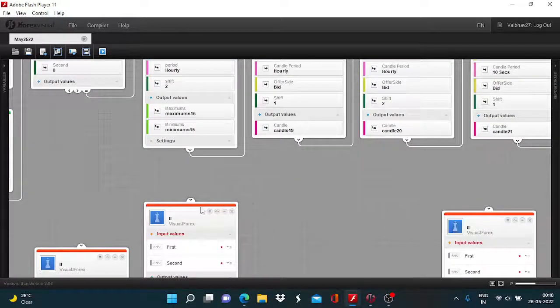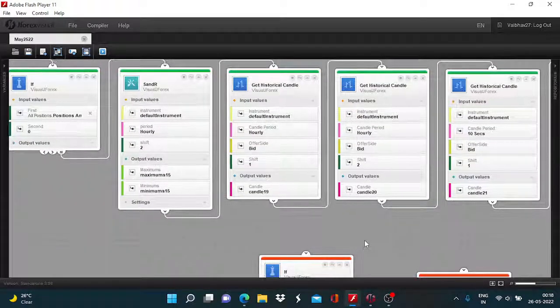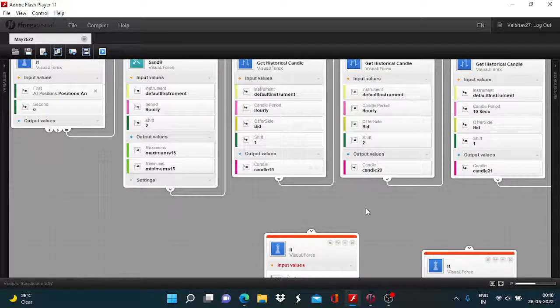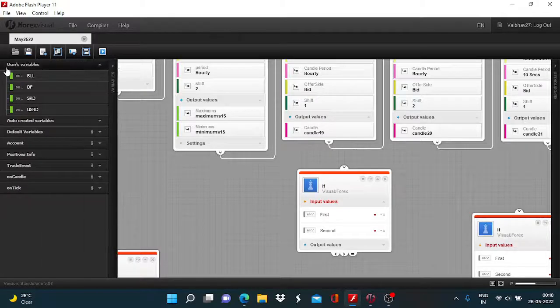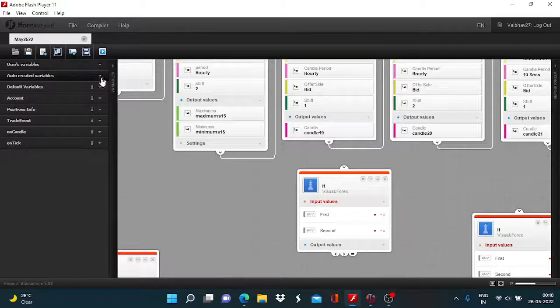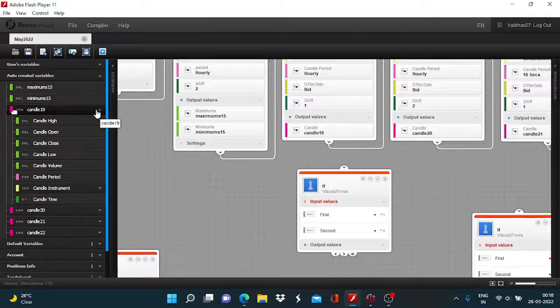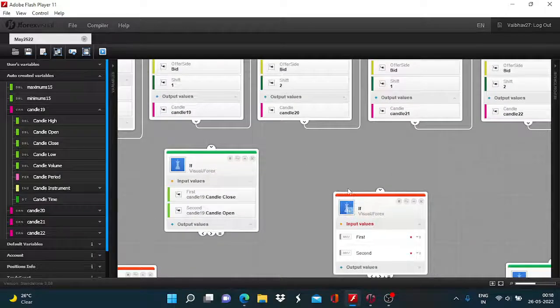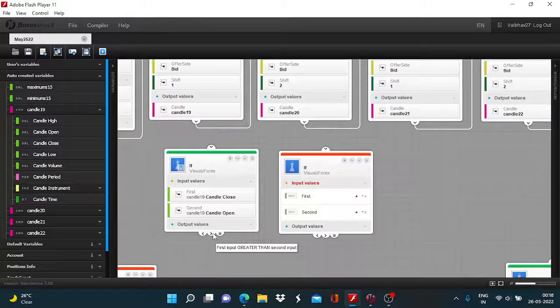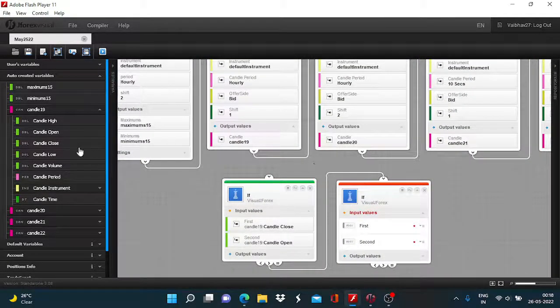So now the comparison part. We need the candle 19 candle close to be greater than the opening price. So for that I will take auto created variables candle 19 candle close and candle open, and we will compare where we need first input to be greater than the second input. Candle 20 candle close will need to be lower than the opening price.